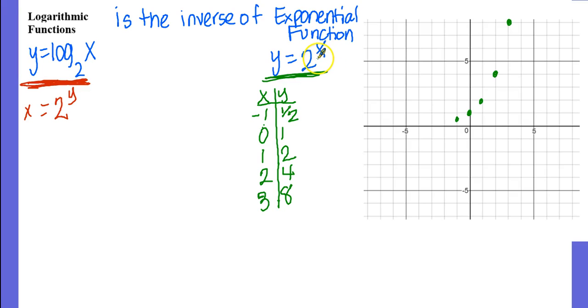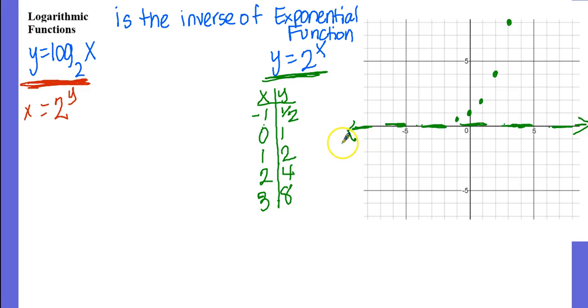What kind of numbers will I never get for my y's? Negatives or 0. So I'm going to draw my boundary in there, my horizontal asymptote, because no matter what x I pick, I will never be able to drop below the x-axis. I won't even reach the x-axis.